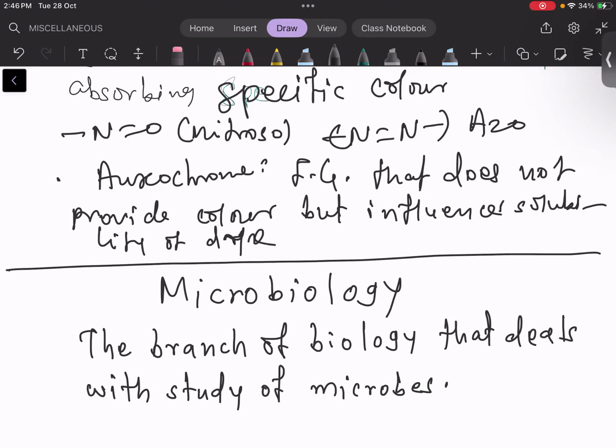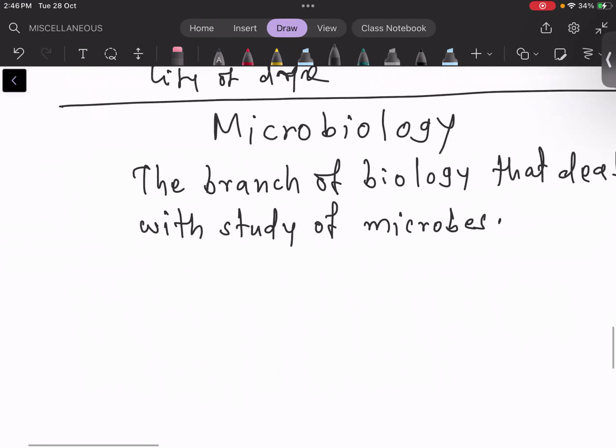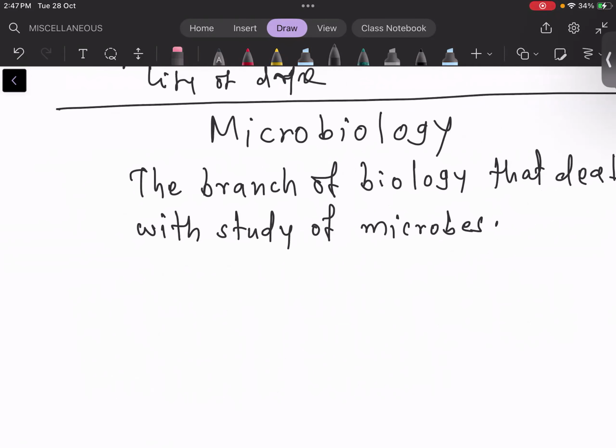Now, microbes are basically classified as prokaryotes, eukaryotes, viruses, etc. The next part is the classification of microbes.